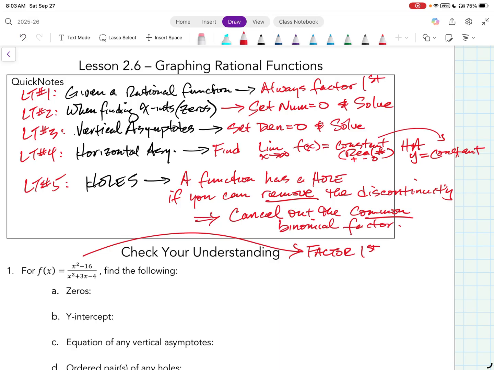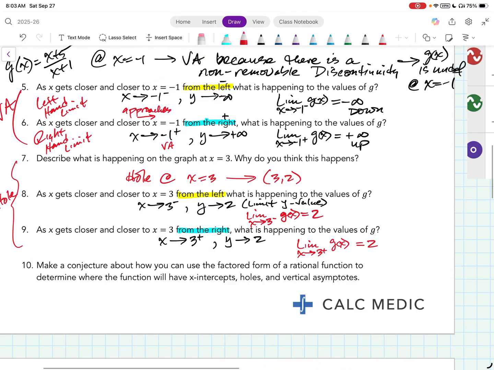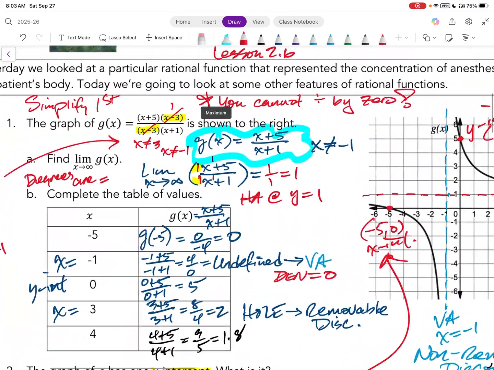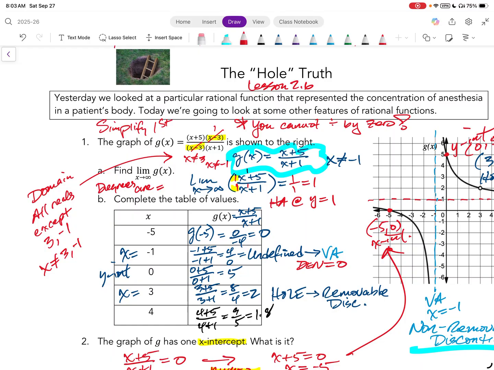So what do I mean by that? If we go back to the beginning here, we saw that the function has x minus 3 in common in both the numerator and denominator. We cancel that out, and that indicates that you have a hole at x equals 3.